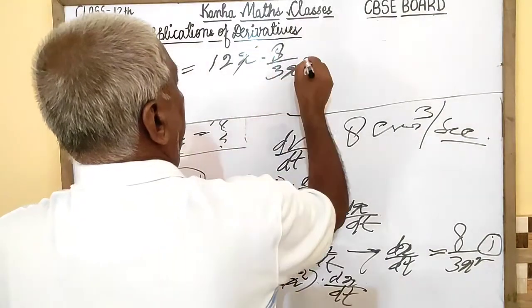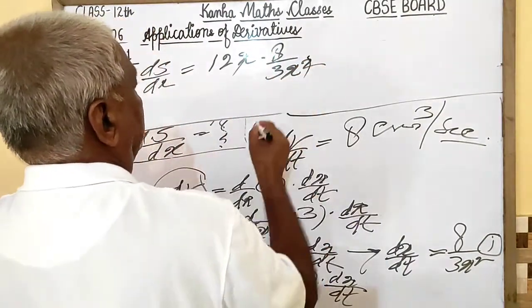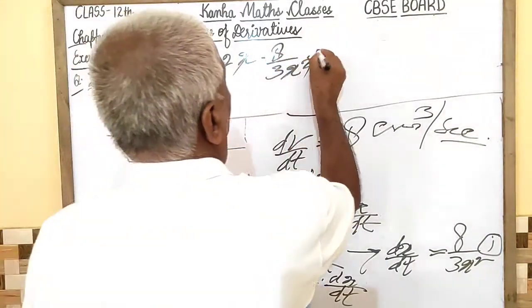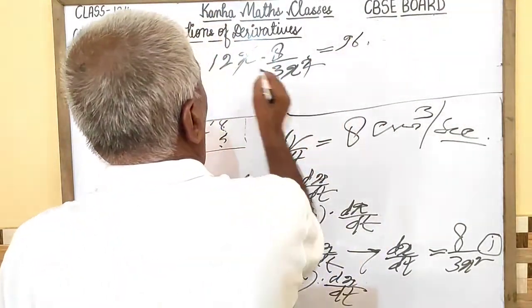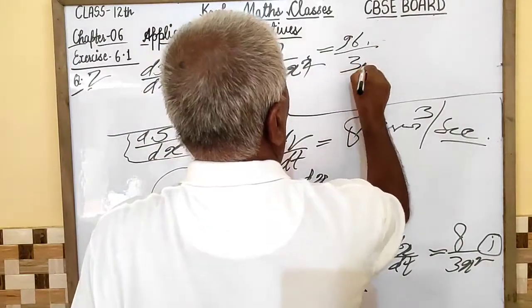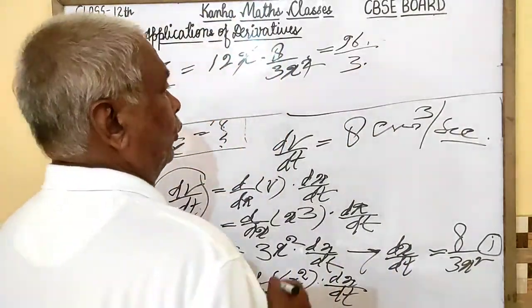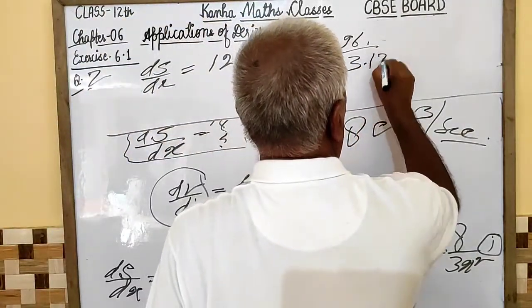It's very clear, x is cut by this, 12 into 8 is 96 upon 3, and x, the edge of the cube has been given as 12.